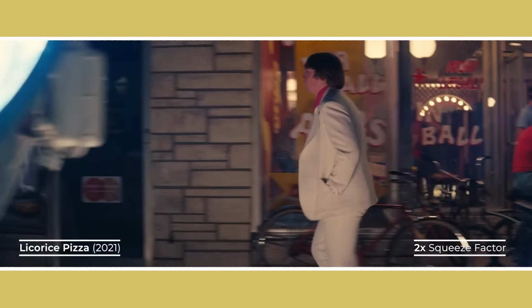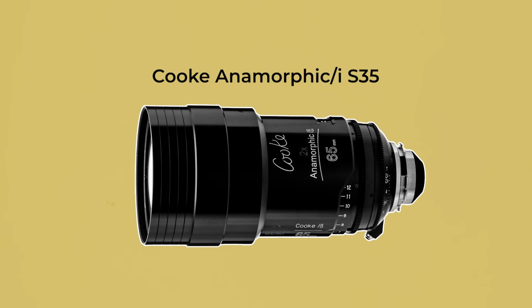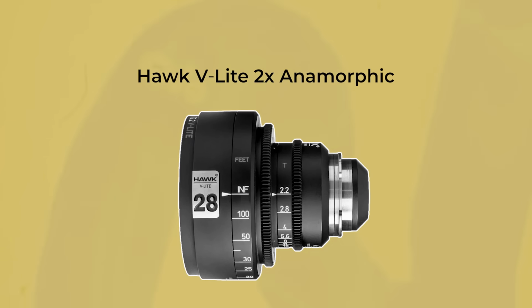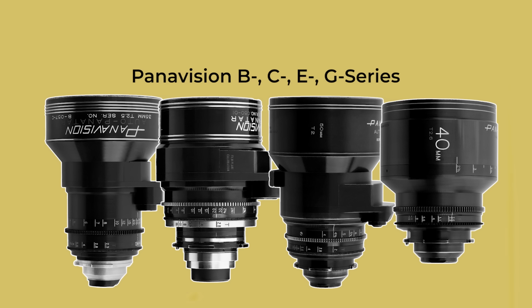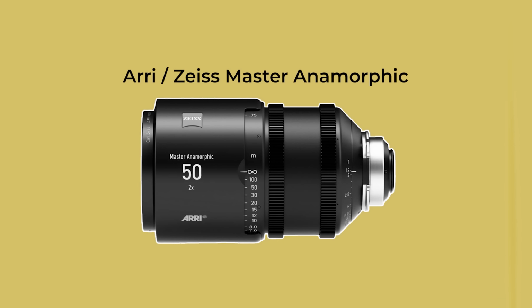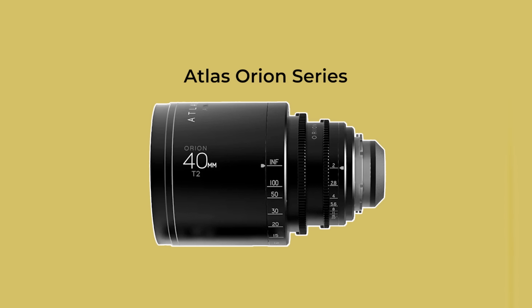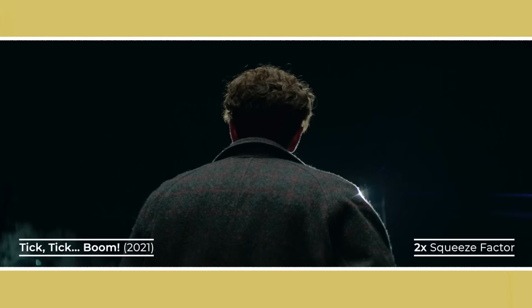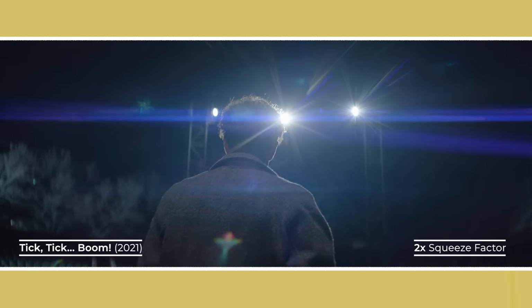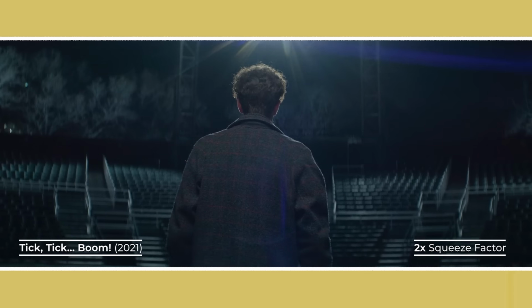Examples of 2x anamorphic lenses include Cooke Anamorphics, Hawk V-Lights, Panavision's G, C and E series, Arri Zeiss Master Anamorphics and Atlas Orion lenses. This is the boldest, most recognizable anamorphic look.